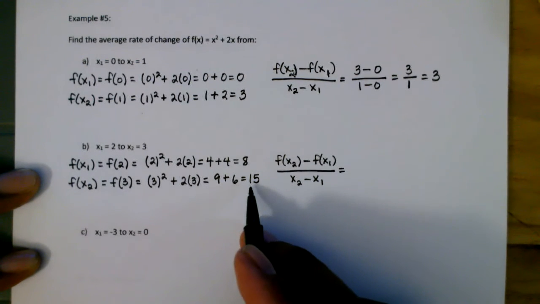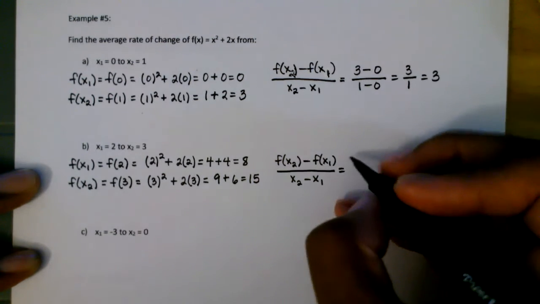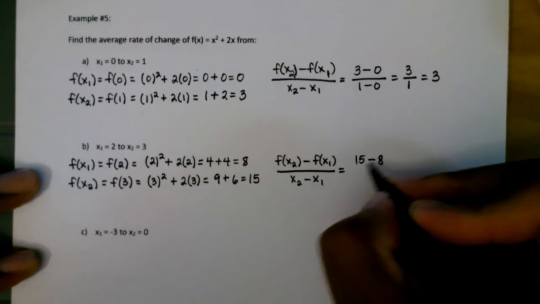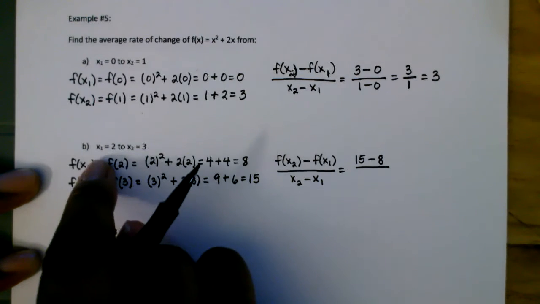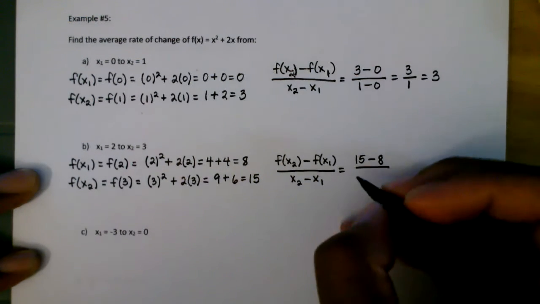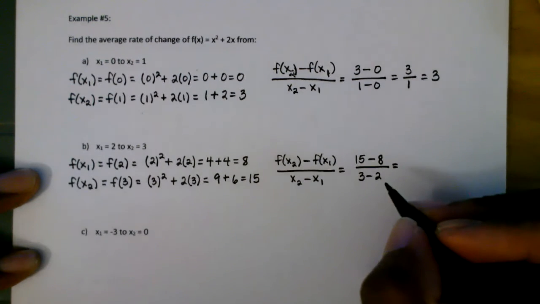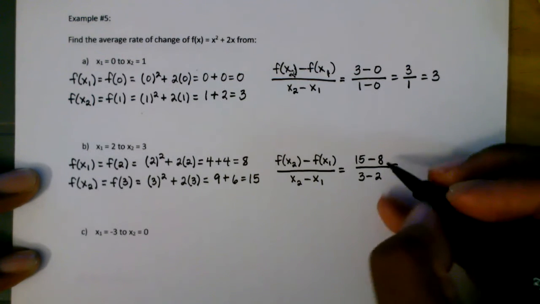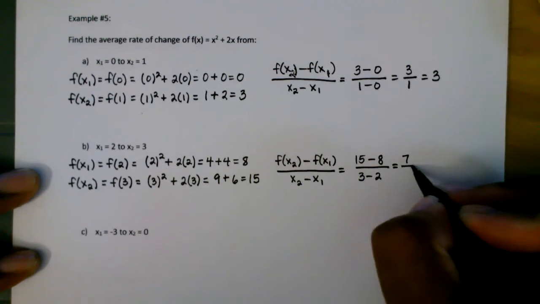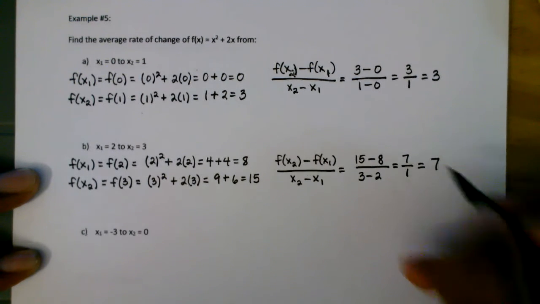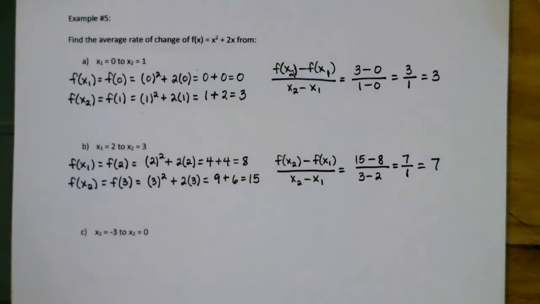So here f of x2, that's 15, minus f of x1, that's 8, divided by x2 minus x1, 3 minus 2. 15 minus 8 is 7. 3 minus 2 will be 1. 7 divided by 1 is 7. So the average rate of change is 7 for this function.